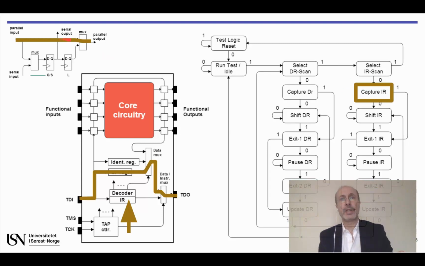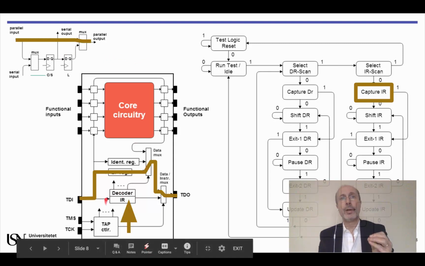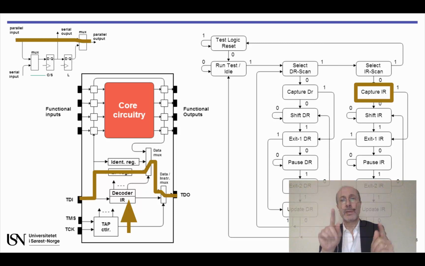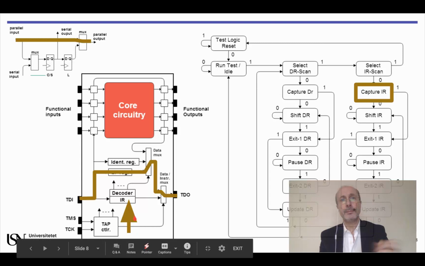Nothing has yet changed in the boundary scan cells, but this is actually the moment when all the instruction registers in the boundary scan devices in the board will capture the pattern containing 0, 1 in the bits closest to TDO.